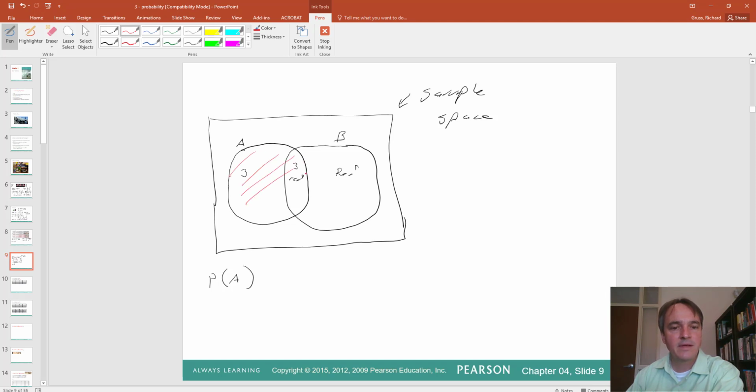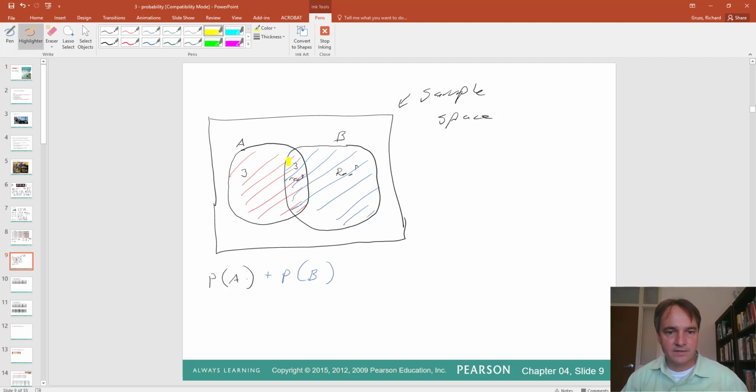So this is probability of A. And then we're going to add up, okay, plus probability of B. So we're going to add up all these. So we've got a bit of a problem here, because this region in here, we have managed to count twice. Okay, so these were counted twice. So no big deal, just take it back out again.